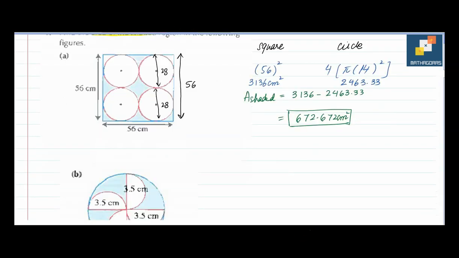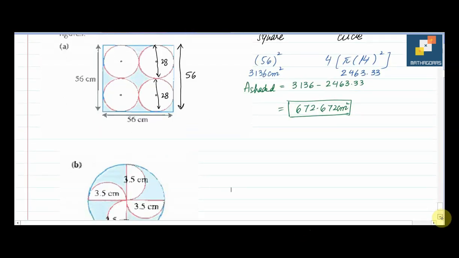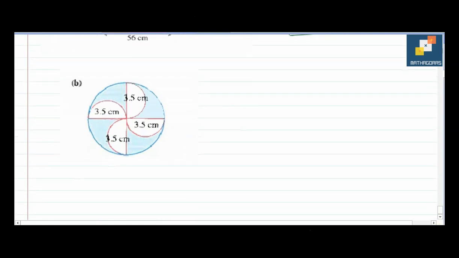So moving on to the next part of the same question, we need to find the area of the shaded portion. Without doing anything, just observe the question and first highlight the shape. In this question, I can see that there is a circle and there are some semicircles.